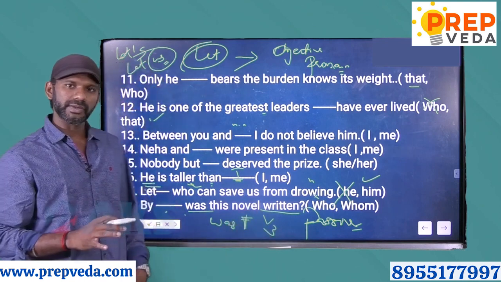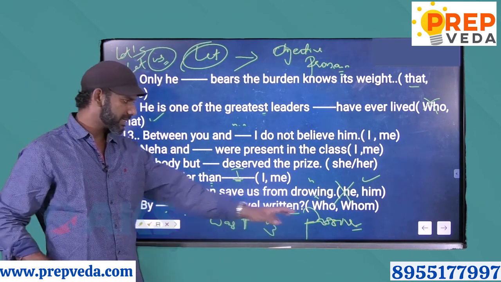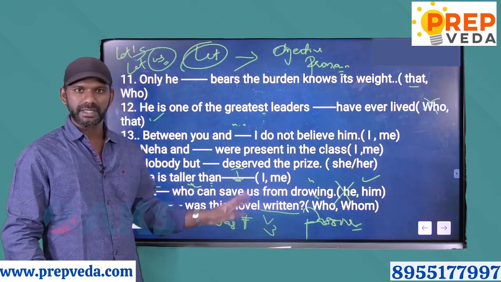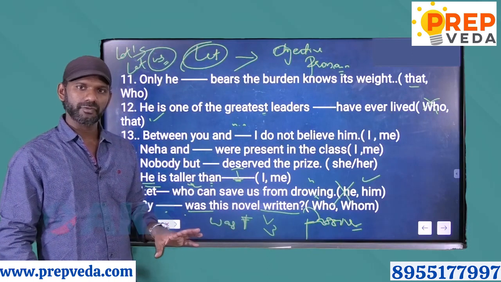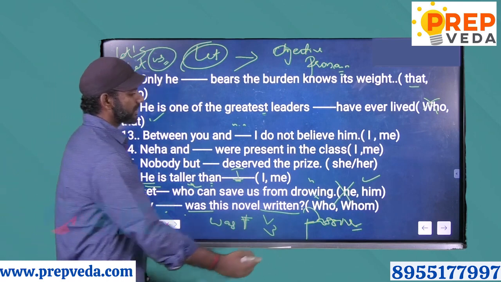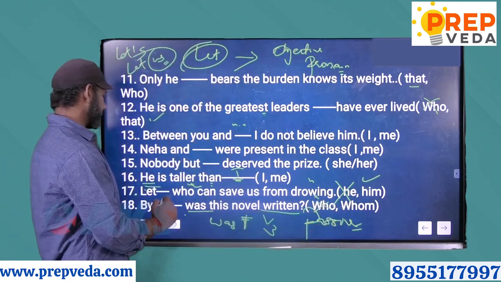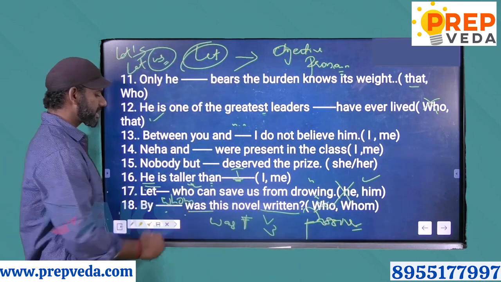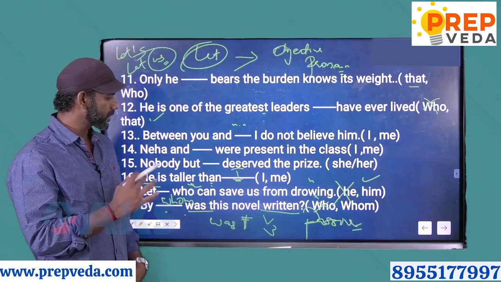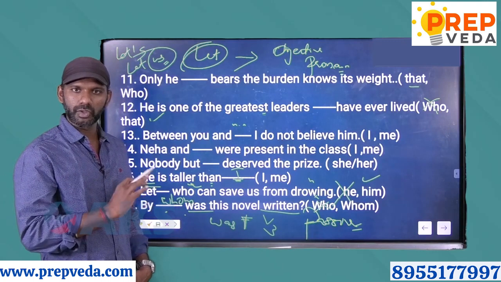And was plus V3 is a structure of simple past in the passive voice. And in the passive voice, the pronoun that appears is the objective pronoun. Based on that, who is eliminated and so it must be whom. Who is subjective, whereas whom is objective. By whom was this novel written? Passive voice, pronoun must be whom.